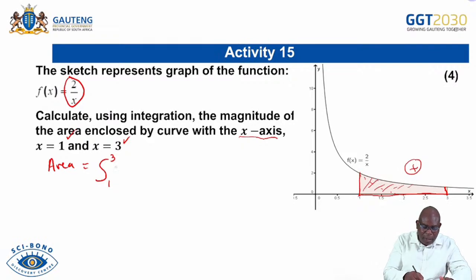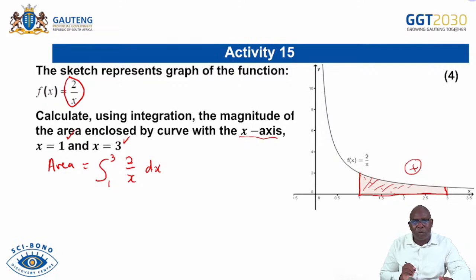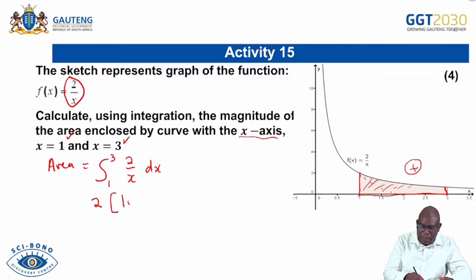In this case, I've got 2/x dx. Now I already know that the integral of 2/x is 2 ln x. So I can write this as 2 open bracket ln x, and then I write down my boundaries, which are 3 and 1.